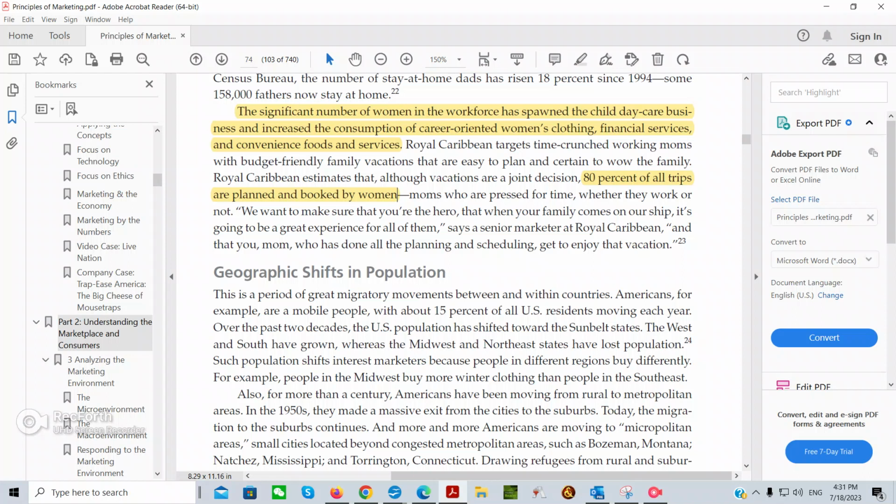The West and the South have grown, whereas the Midwest and Northeast states have lost population. Such population shifts interest marketers because people in those regions buy differently. That's the bottom line. For example, people in the Midwest buy more winter clothing than those in the Southeast, which makes sense because it's the Midwest.